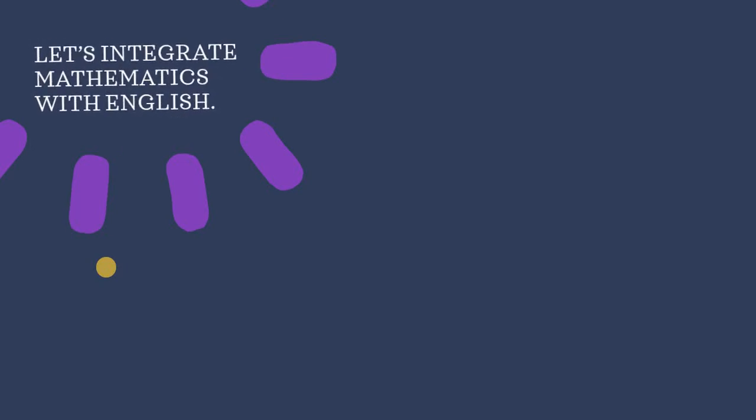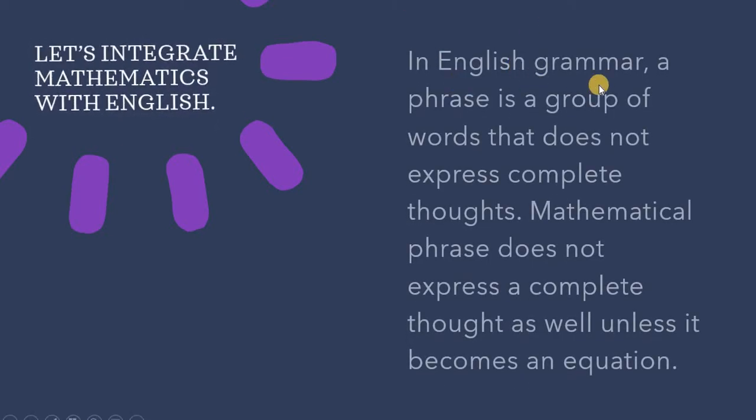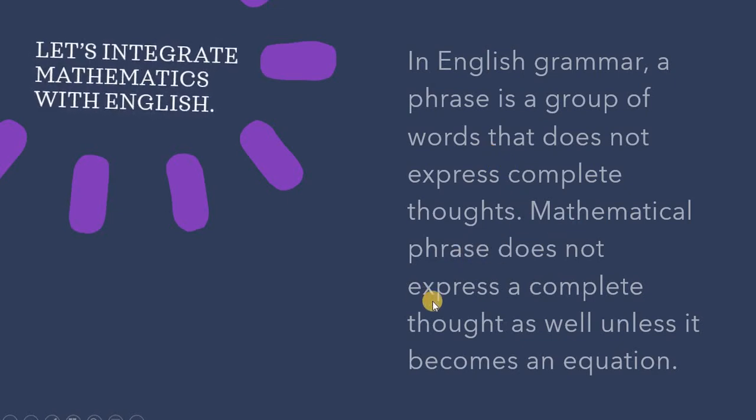Okay, so I hope the operational symbols and the words associated to them are clear. Now, let's integrate mathematics with English, which we have been doing all along. In English grammar, a phrase is a group of words that does not express a complete thought. A mathematical phrase does not express a complete thought as well unless it becomes an equation.